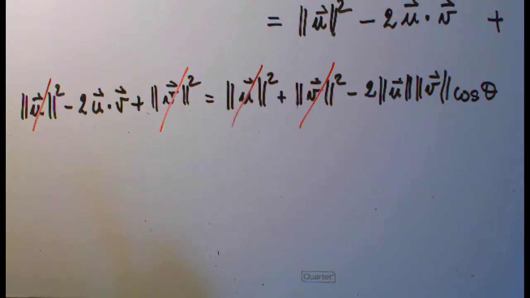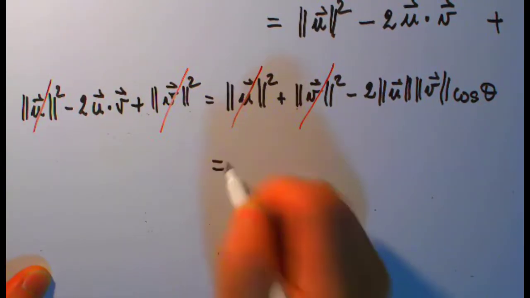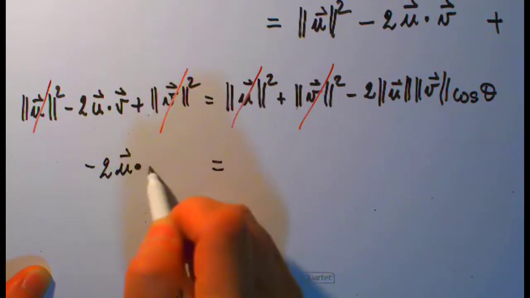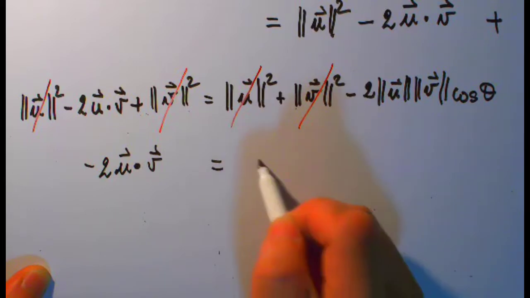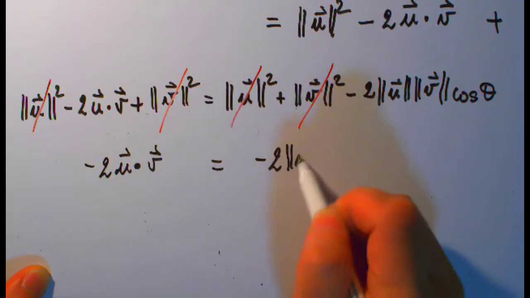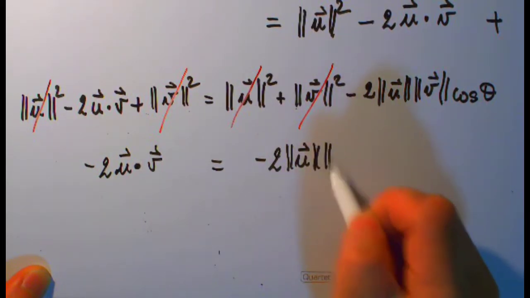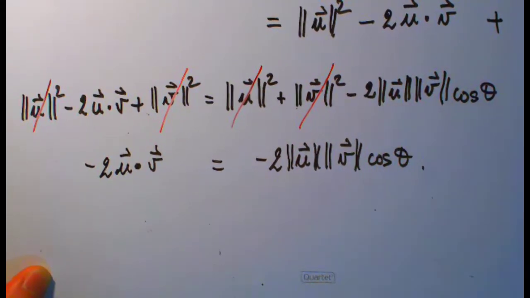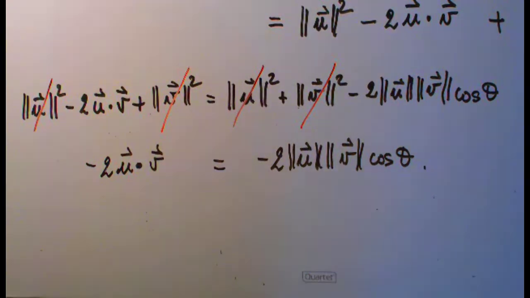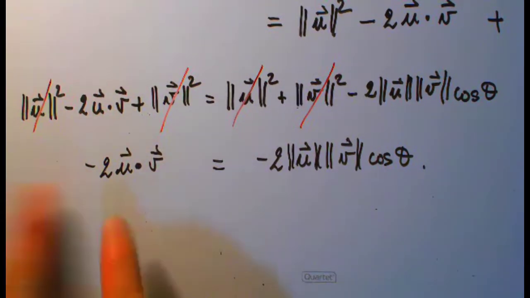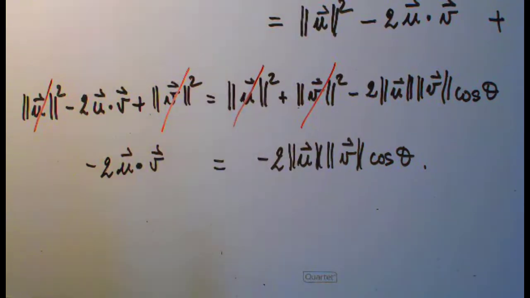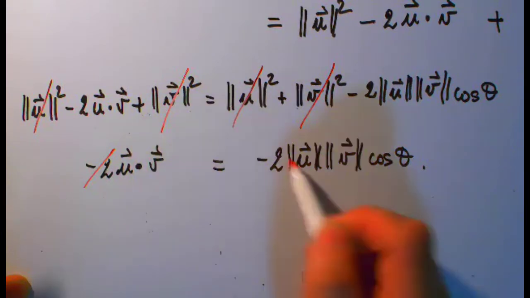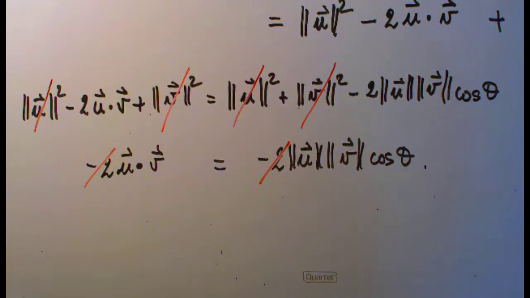We consequently end up with minus 2 u dot v equals minus 2 length of u times length of v times cosine of theta. Now we can cancel away the common factor negative 2 in front of each side.